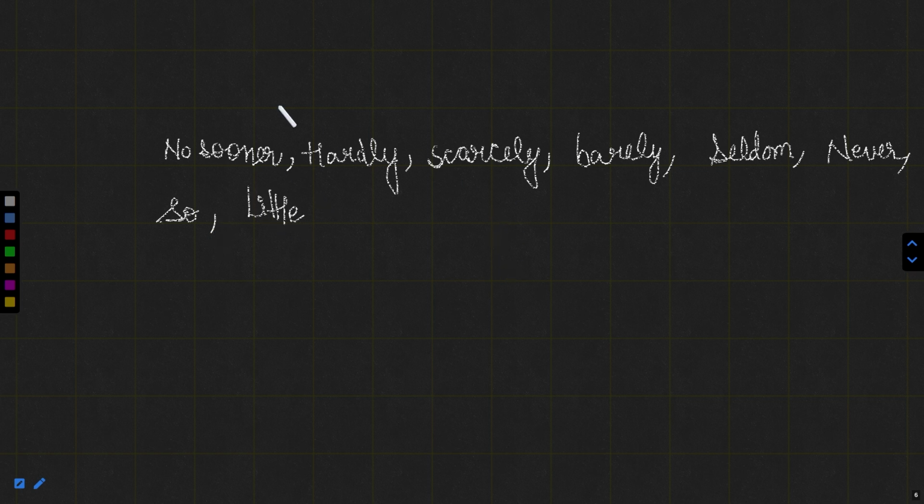Now this is the concept: if the sentence begins with any of these words, it means the starting word or the beginning word of the sentence is any of these words: no sooner, hardly, scarcely, barely, seldom, never, so, little.